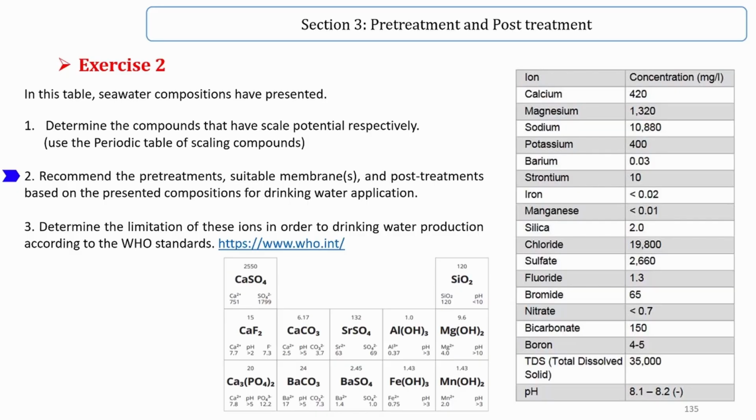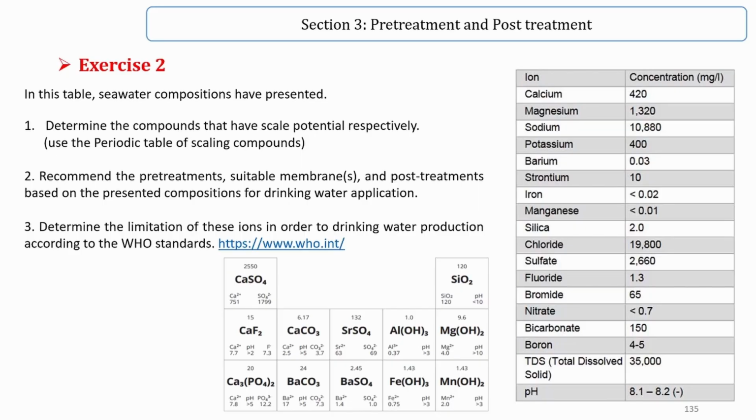Second, recommend the pretreatments, suitable membranes, and post-treatments based on the presented compositions for drinking water application. And third, determine the limitation of these ions for drinking water production according to the World Health Organization standards. This is your task. Please send your solutions for this problem to us.